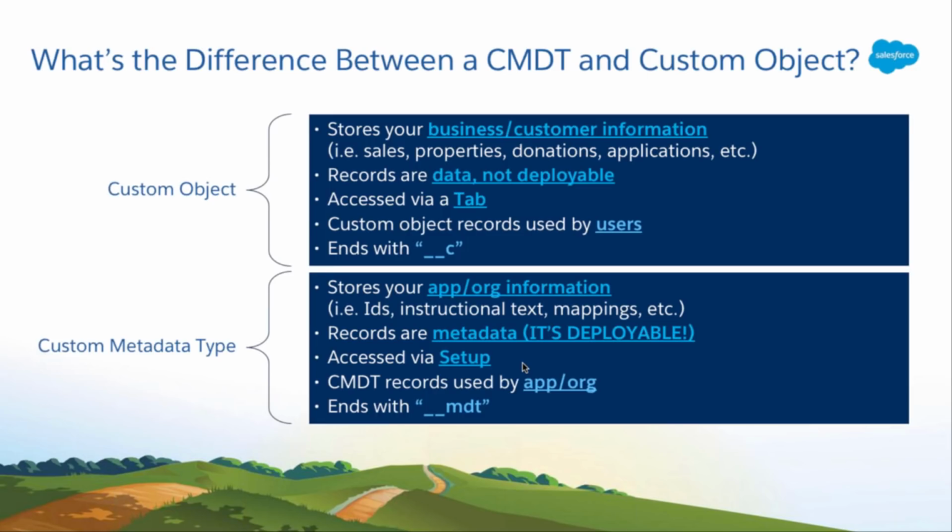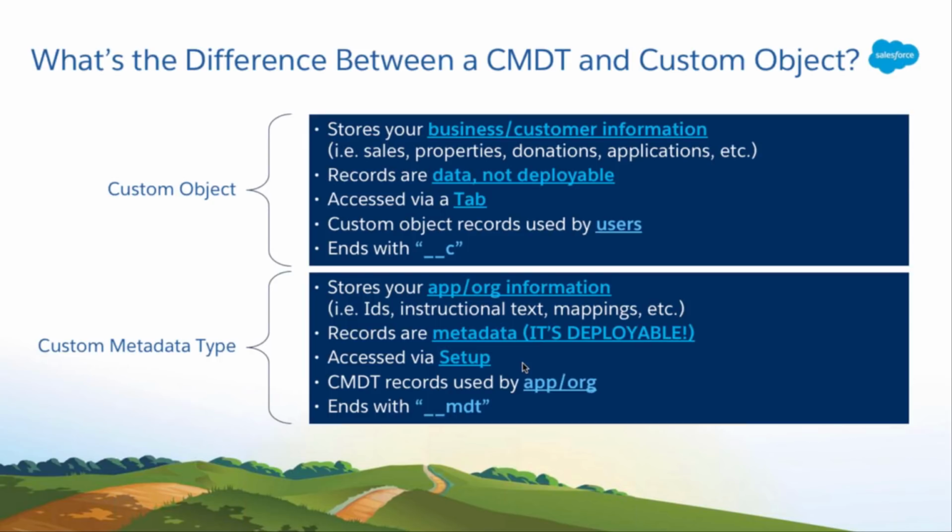So now you're wondering, what's the difference between the two? A custom object, as you know, stores business customer information. Based on your industry, it might be storing sales, properties, donations, applications. The records are data, which means it's not deployable. So when you do a refresh from production, excluding your full copy sandbox, or you do a sandbox creation, those data records aren't going to come down.